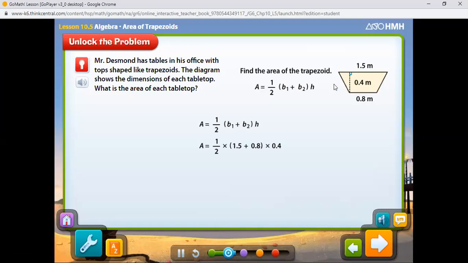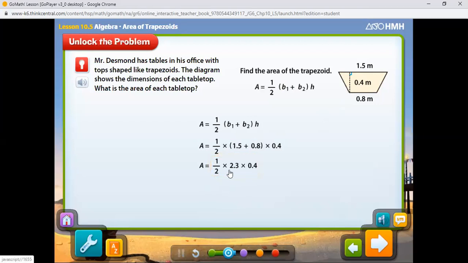Replace the variables with the given values. You can substitute 1 5/10 and 8/10 for the bases and 4/10 for the height. Add the numbers within the parentheses. 1 5/10 plus 8/10 equals 2 3/10. Now multiply. What's 1/2 times 2 3/10 times 4/10?